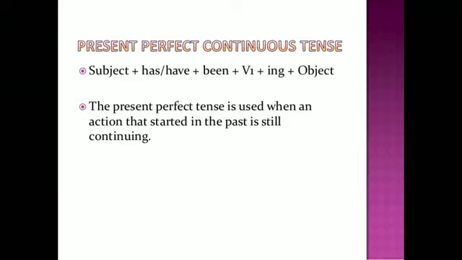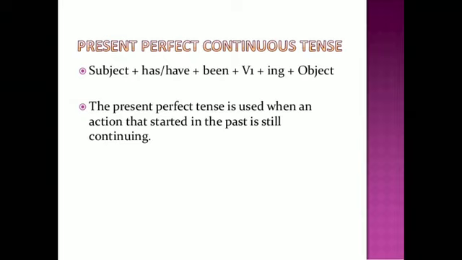Whereas in an interrogative sentence, the form would be has/have plus subject, then been, then the present participle. And in negative interrogative, it will be has/have plus subject plus not been plus present participle.